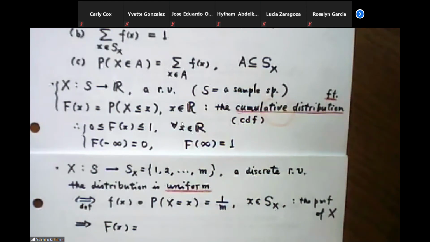Note that this is a domain on the range of the random variable X, but x can be any real number.